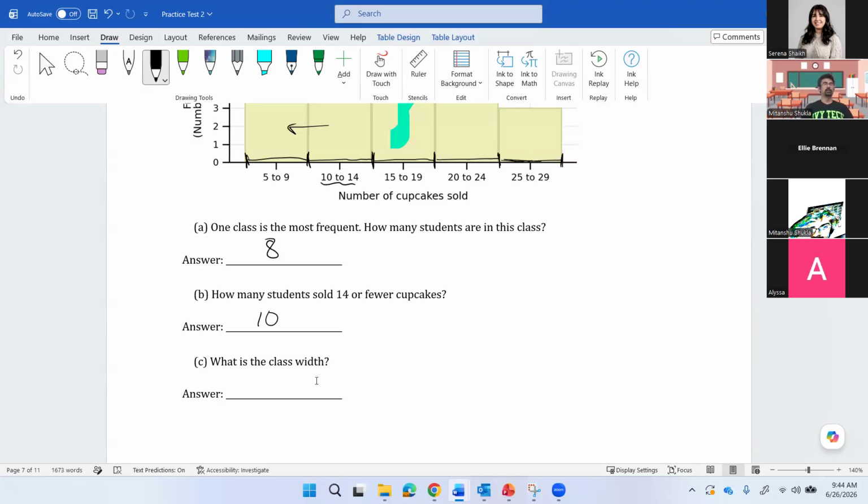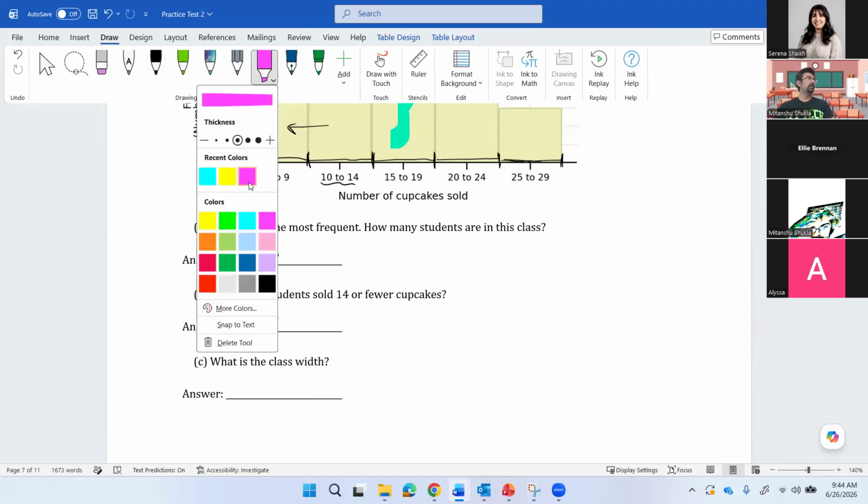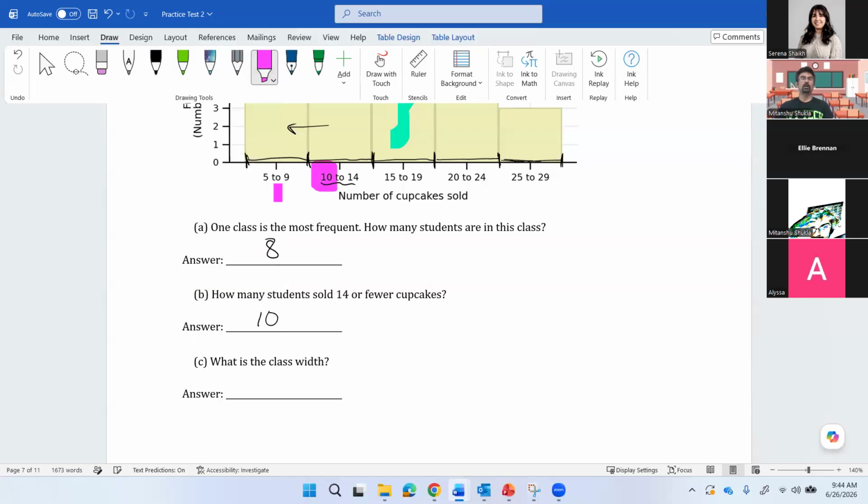Good. Any thoughts about how we're gonna get the class width here? So I think what we do here is we either go beginning of one minus the beginning of the previous.